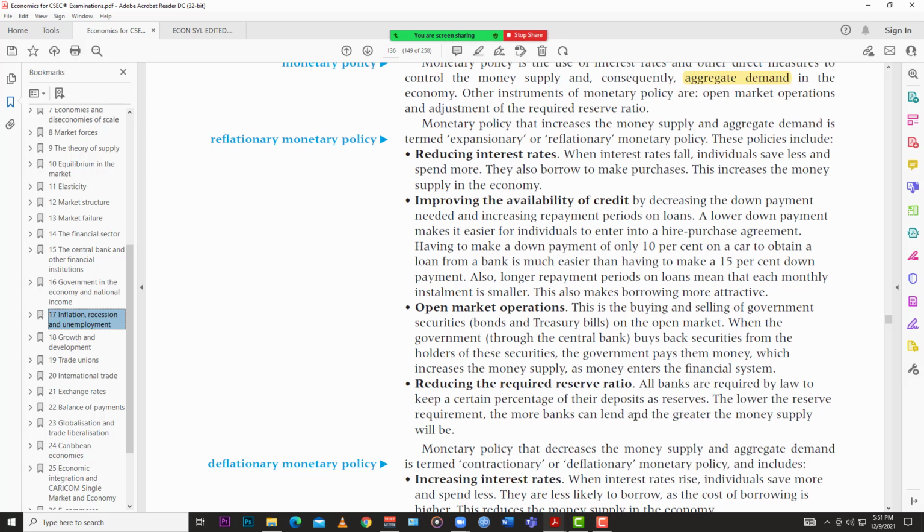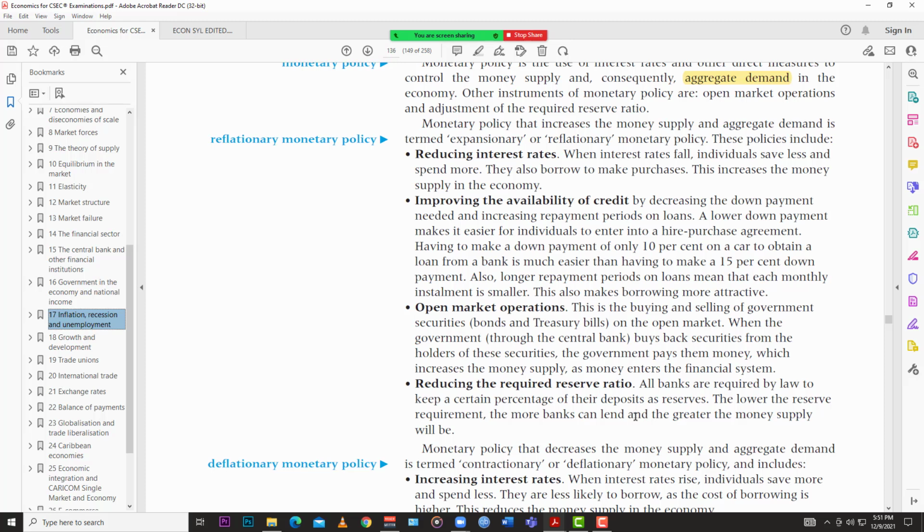So that's how reserve requirement ratio would be used to boost demand and increase the money supply. So those are examples of expansionary monetary policy.